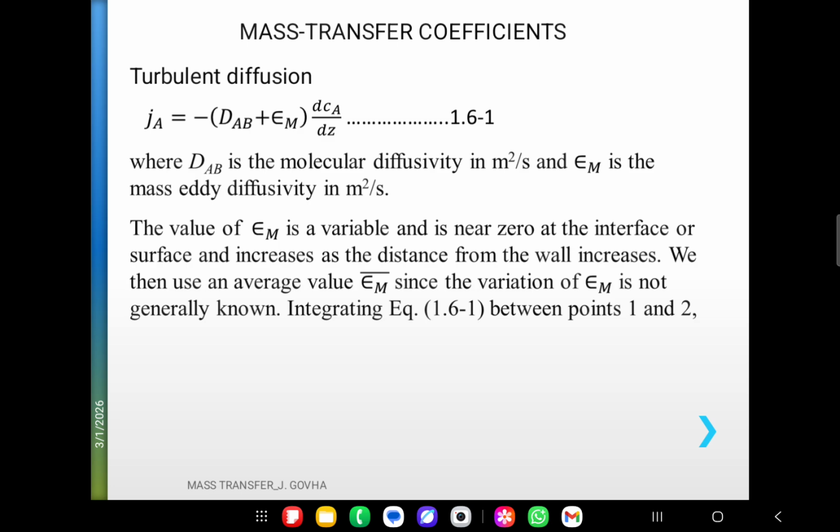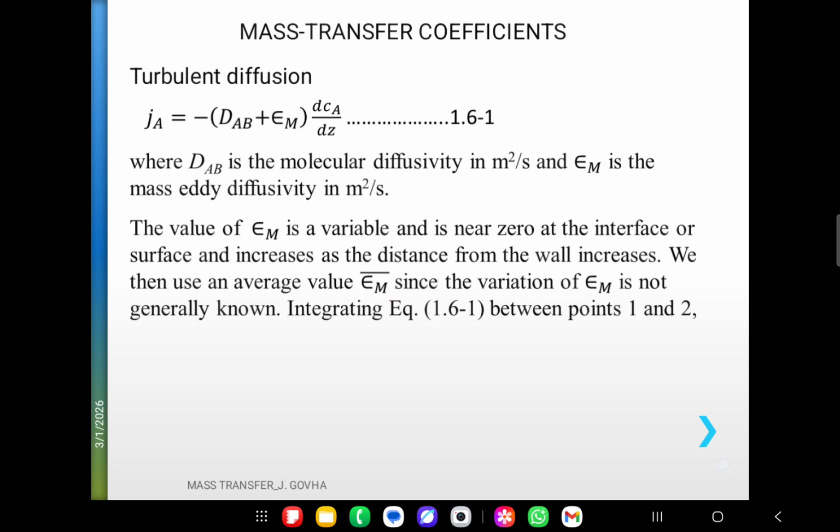Right, so what's important to understand is that this EM near the surface is zero, but it increases as distance from the wall increases. Then we use an average EM bar there, as the variation is basically not known.